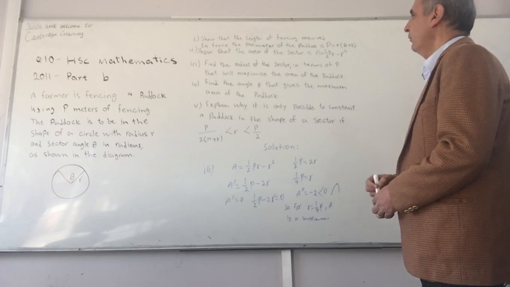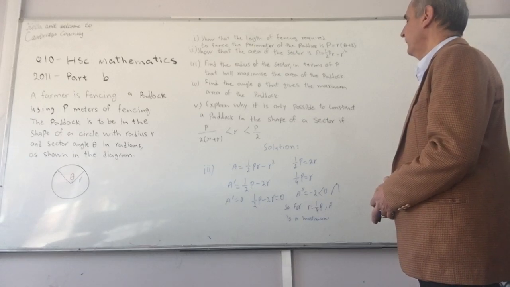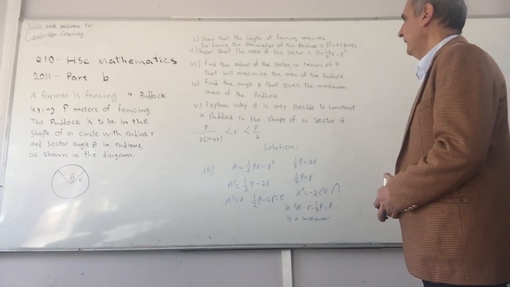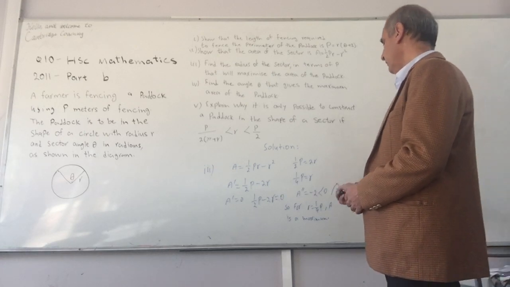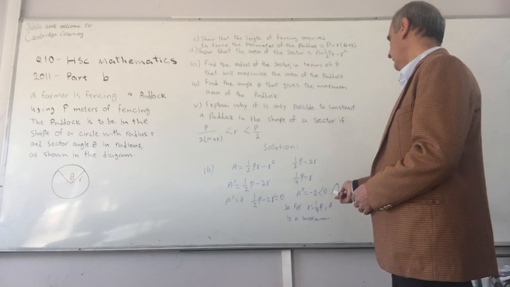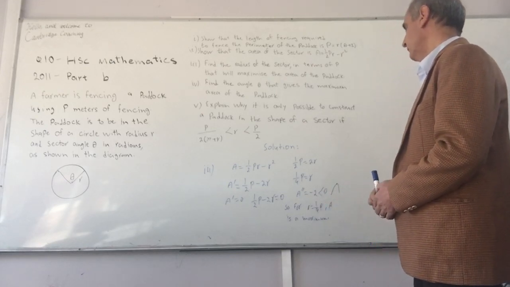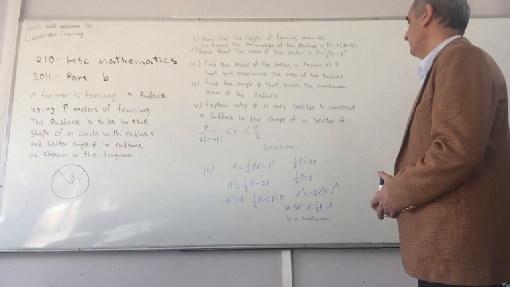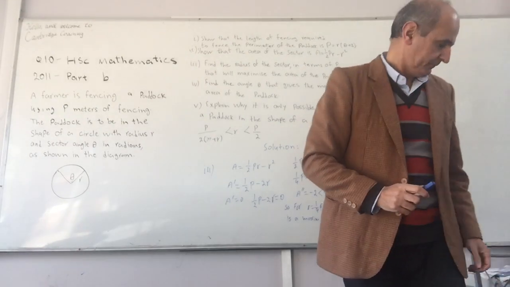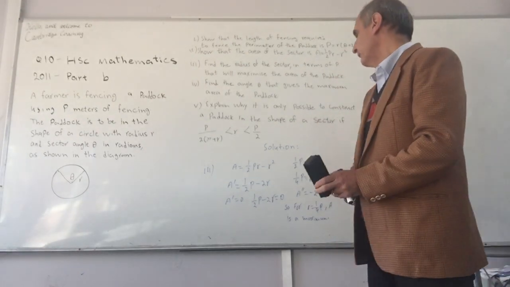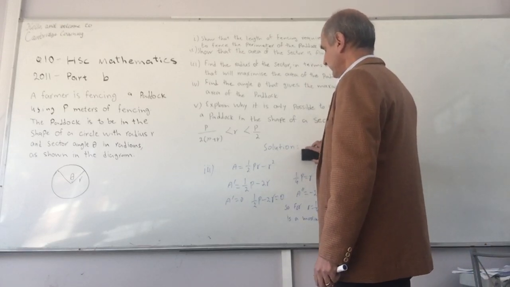For part 4, find the angle theta that gives the maximum area of the paddock. So we know what R value will result in maximum area of the paddock, but now they want the value of theta when the area of this paddock is a maximum.